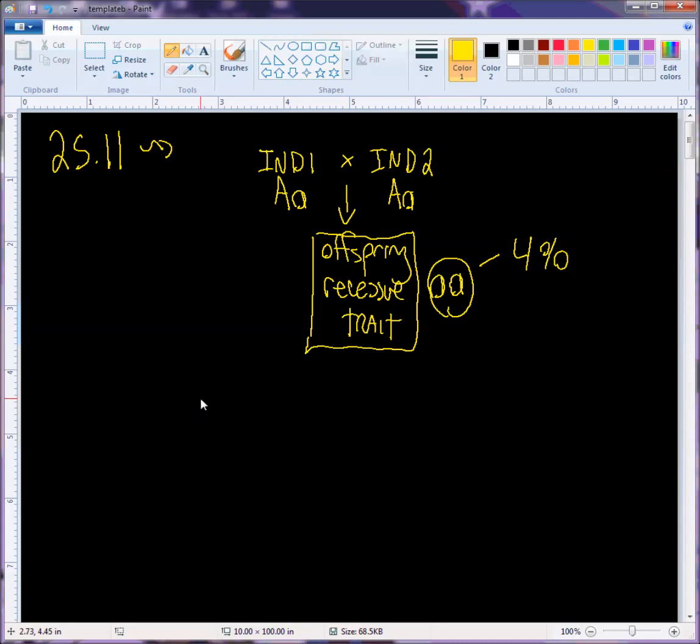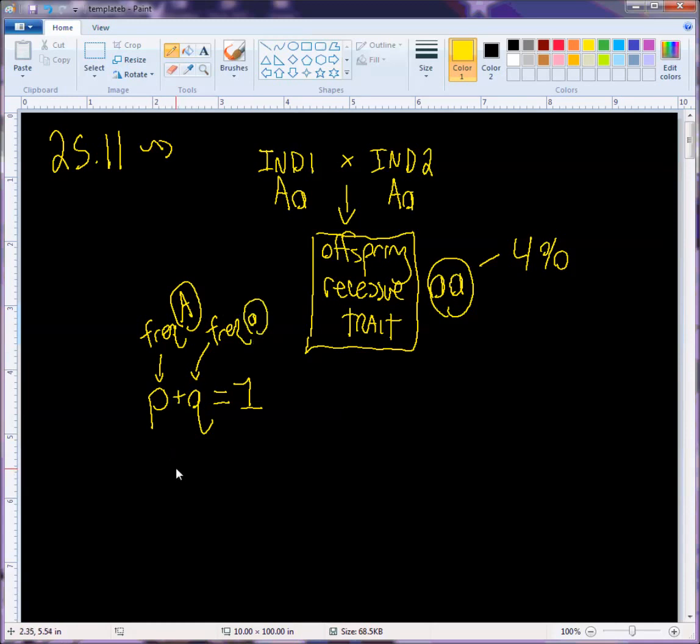So let's see. We need our two equations that we use when we're talking about population genetics. P plus Q equals 1, where P is the frequency of allele number 1 and Q is the frequency of allele number 2. We're going to say big A for allele number 1, little a for allele number 2.